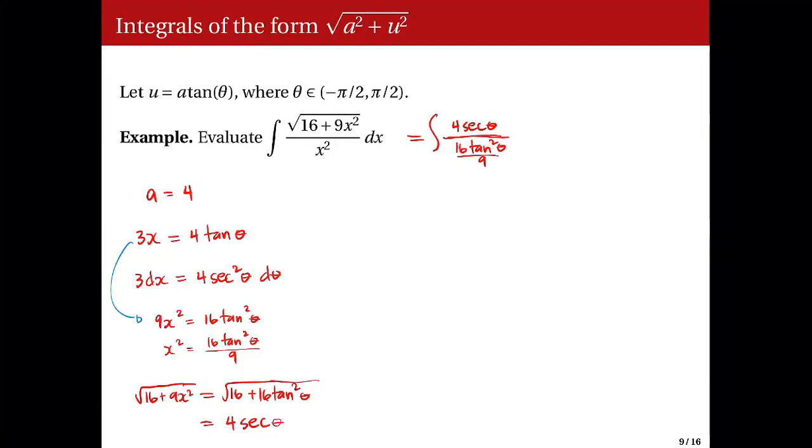And then we have the dx. The dx is 4 over 3 secant squared theta d theta. So times 4 over 3 secant squared theta d theta.